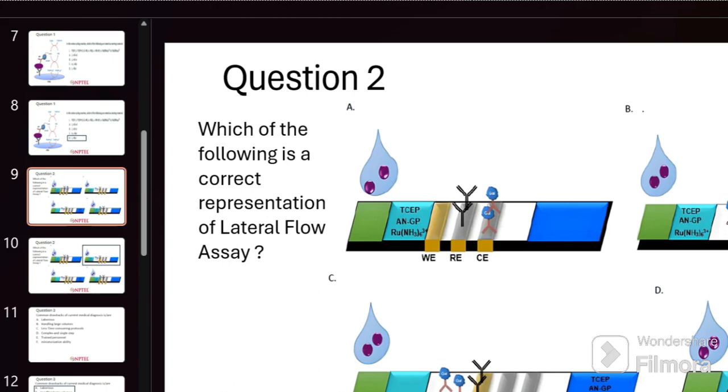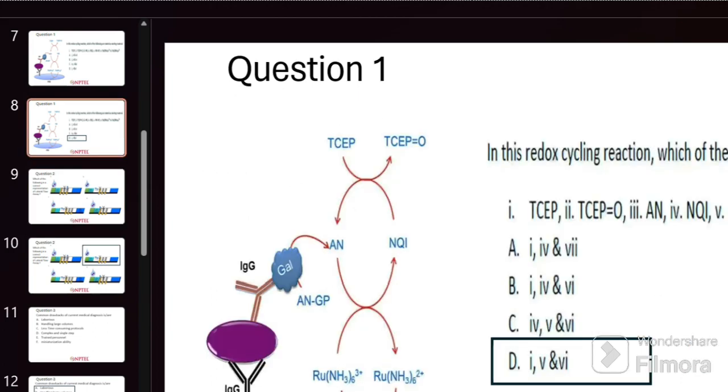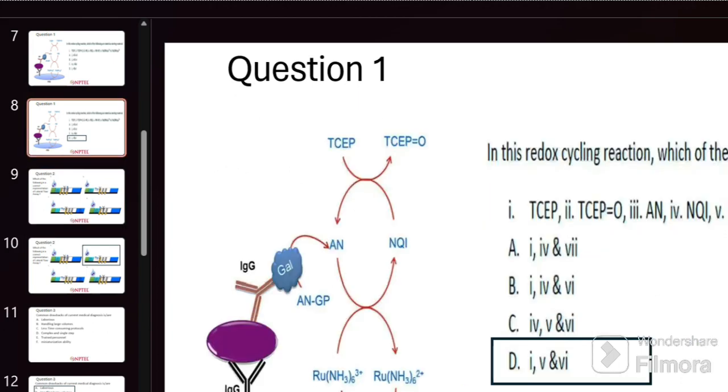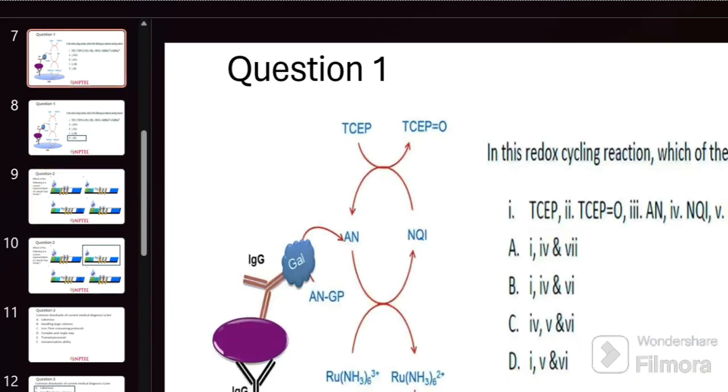Then we have the labeling secondary antibody, and we have the detecting antibody, so the primary detecting antibody. In the labeling zone, what will be the materials that will be used? That is what this question is actually asking.